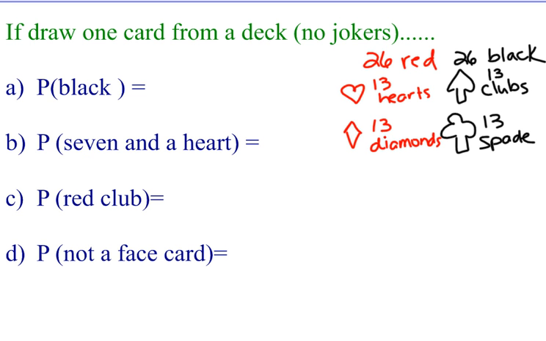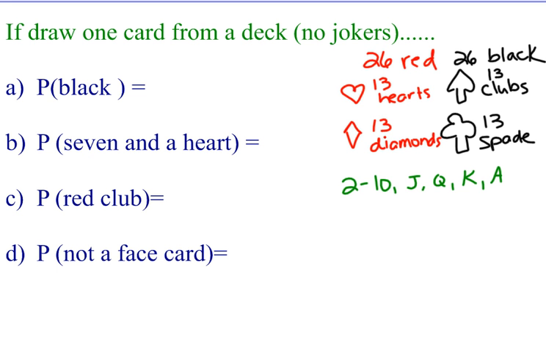You'll notice this said no jokers in there, and so when you're looking for a deck of cards, what you would have in there is the numbers 2 through 10, all of those numbers, plus a jack, queen, king, and ace.